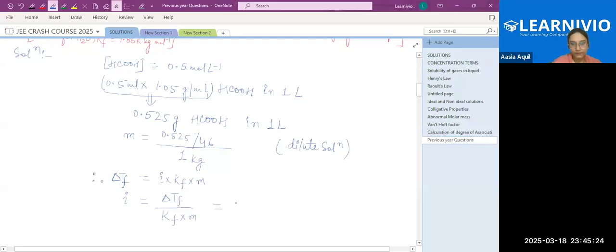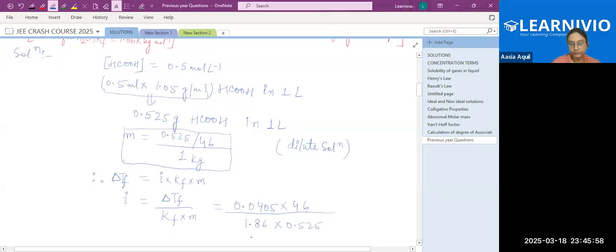What is the delta TF value given in the question? 0.0405, upon what is the value of Kf? The Kf value is 1.86, and from here just substitute the molality value, 0.525 upon 46. Now solve it.